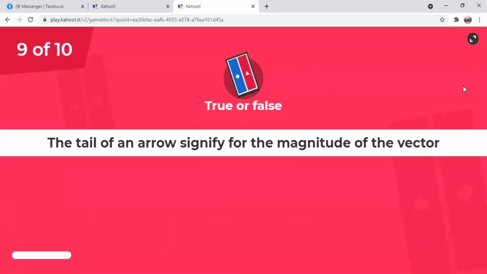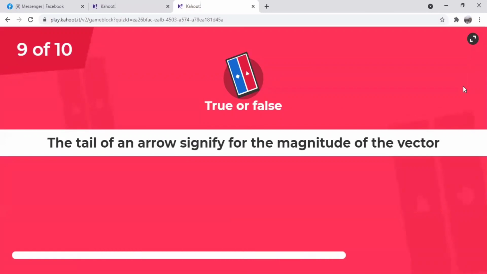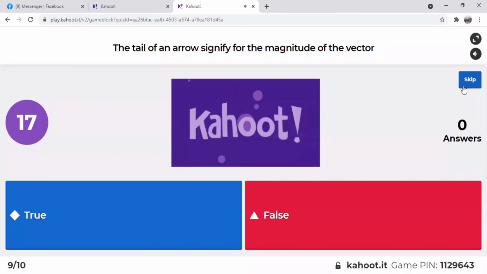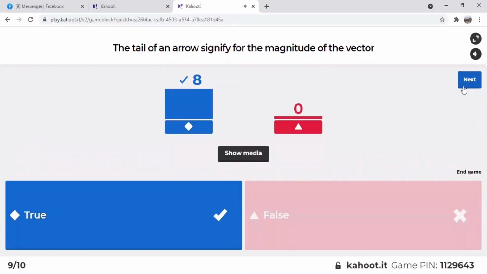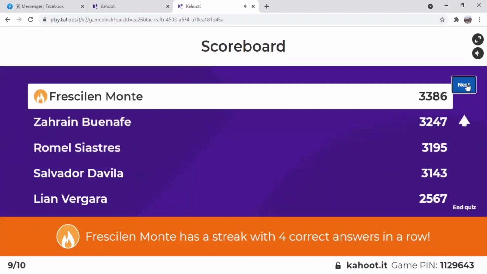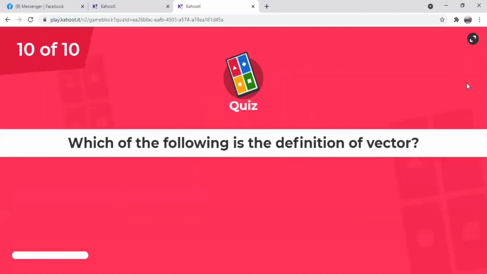Let's go to question number 9. The tail of an arrow signifies the magnitude of the vector. Okay, all got a correct answer. Right? And let's go to the last question.